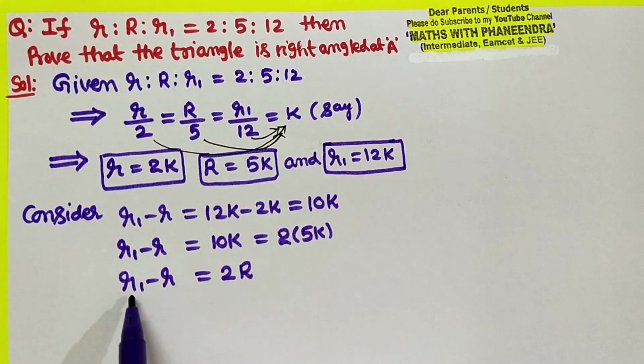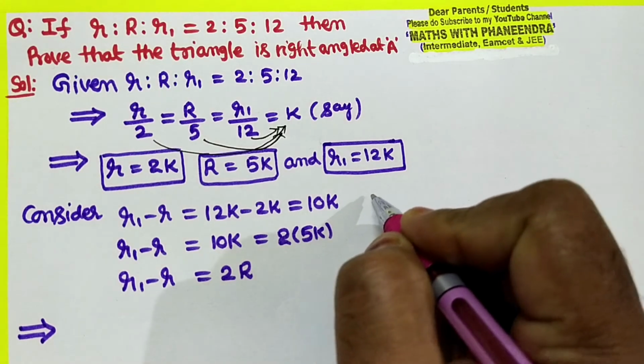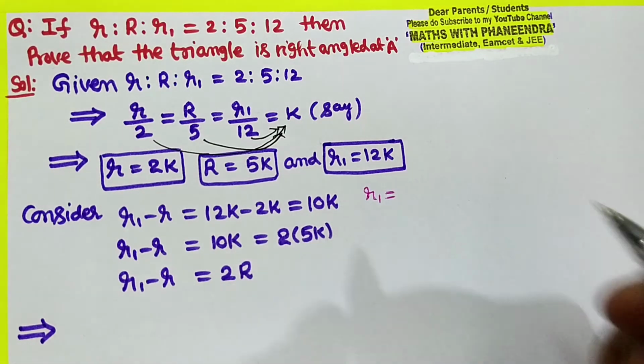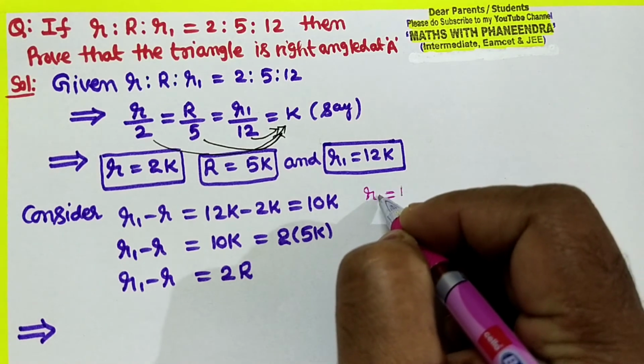Now substitute the r1 formula and the r formula. That implies small r1 equals 4R. Whenever it is r1, only the first one is sin, the remaining are cos.